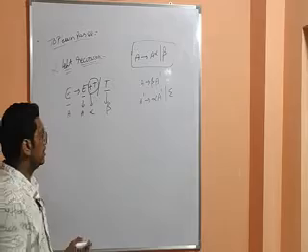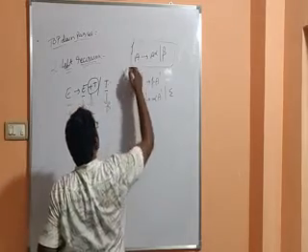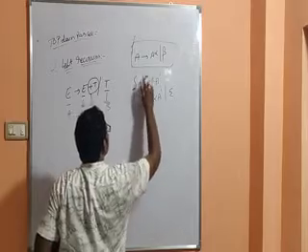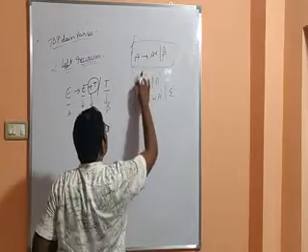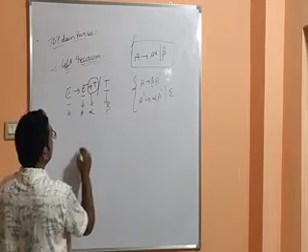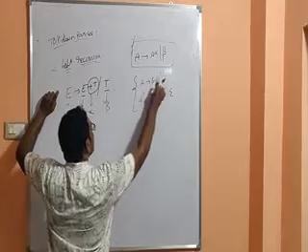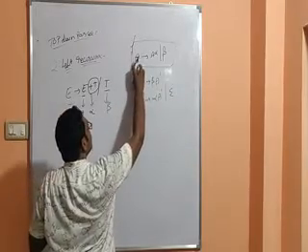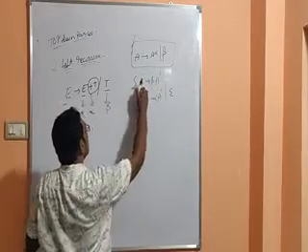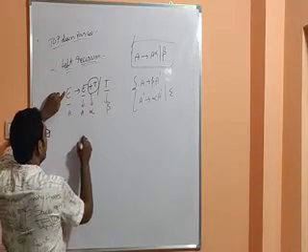Now, after considering this grammar, the next step is to convert this grammar into these two steps. Next we have A tends to beta A inverse. Here we have a variable A, and I have written variable E, so I will write E tends to beta.